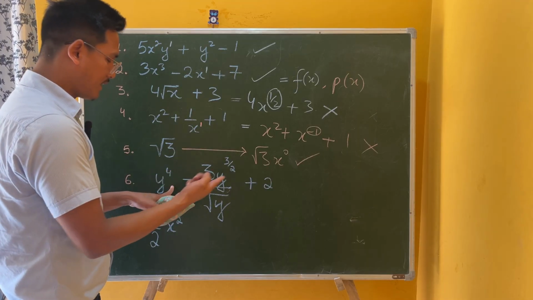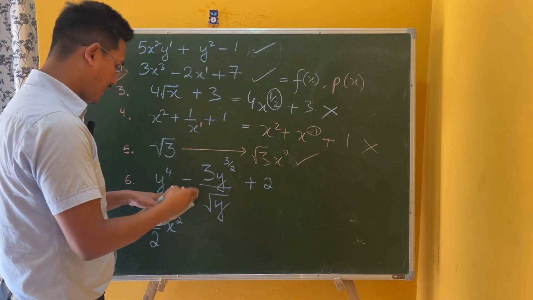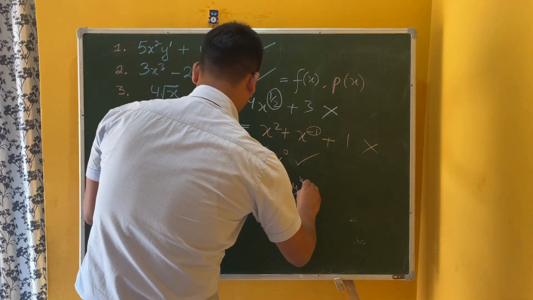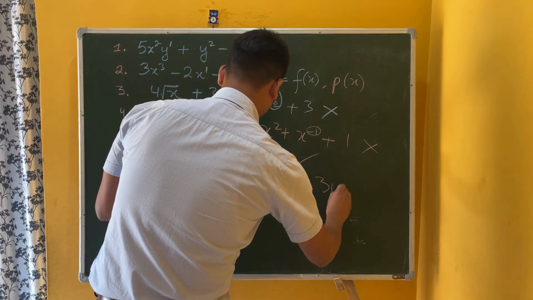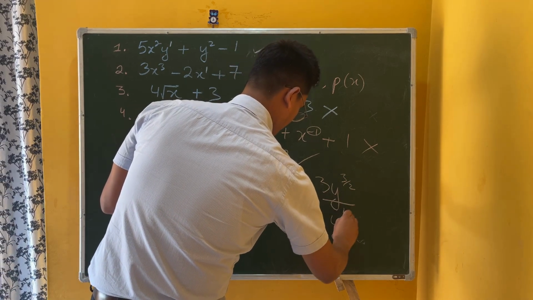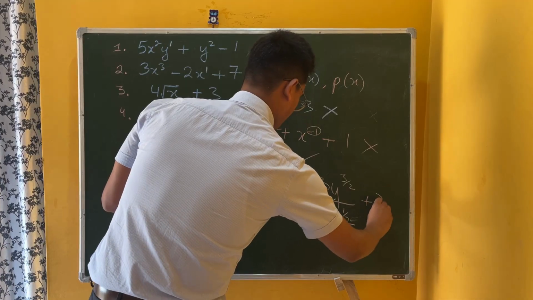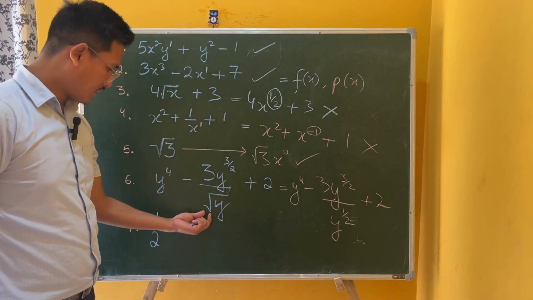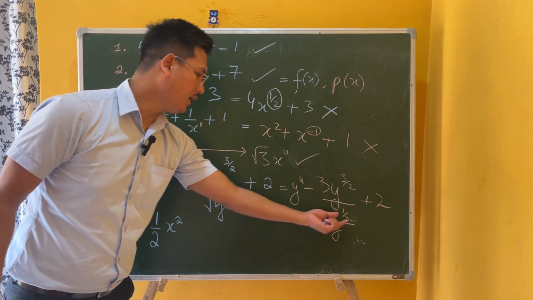But sometimes you need to further simplify and check. If I remove this root, then it's going to be half.